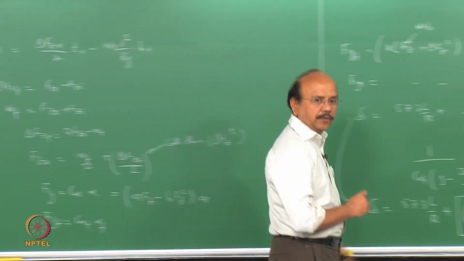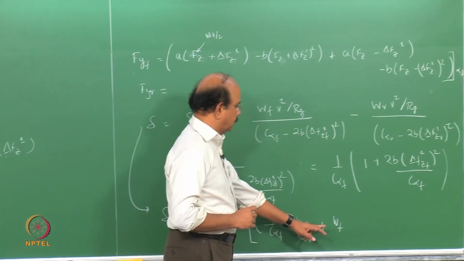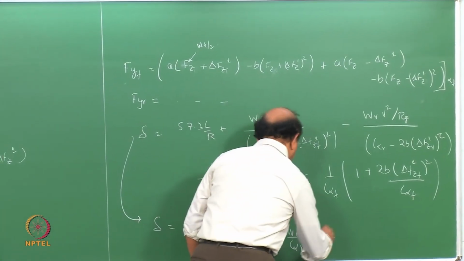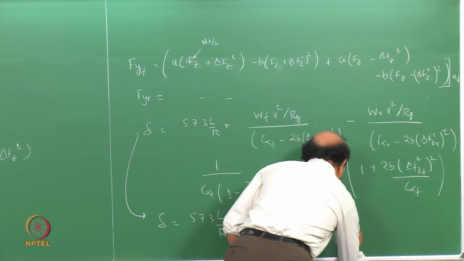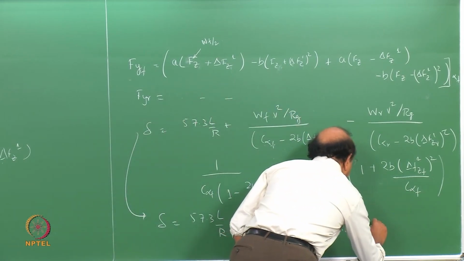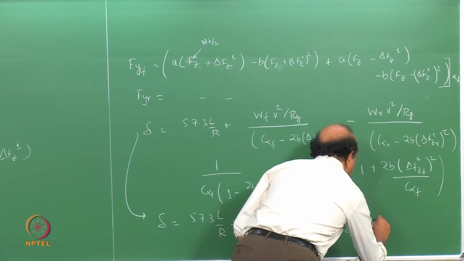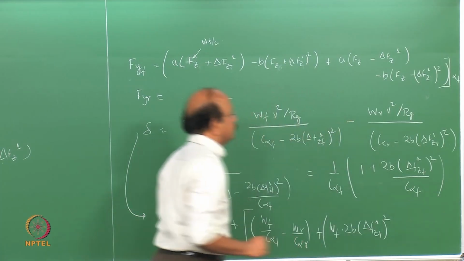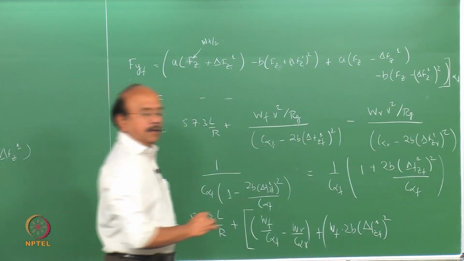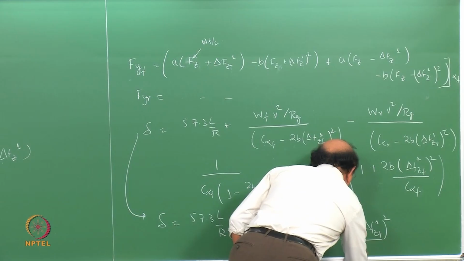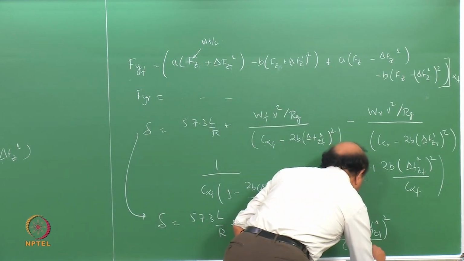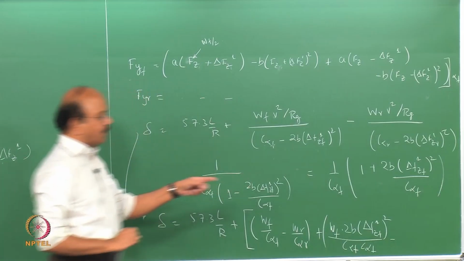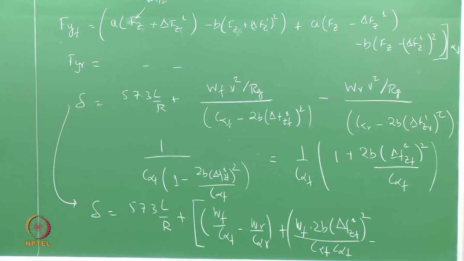So what is it that I should write? Plus, let me put a bracket here, Wf into 2B into delta Fzf whole squared divided by C alpha f, multiplied by that C alpha f, minus, I will have a term like this for the rear, right?